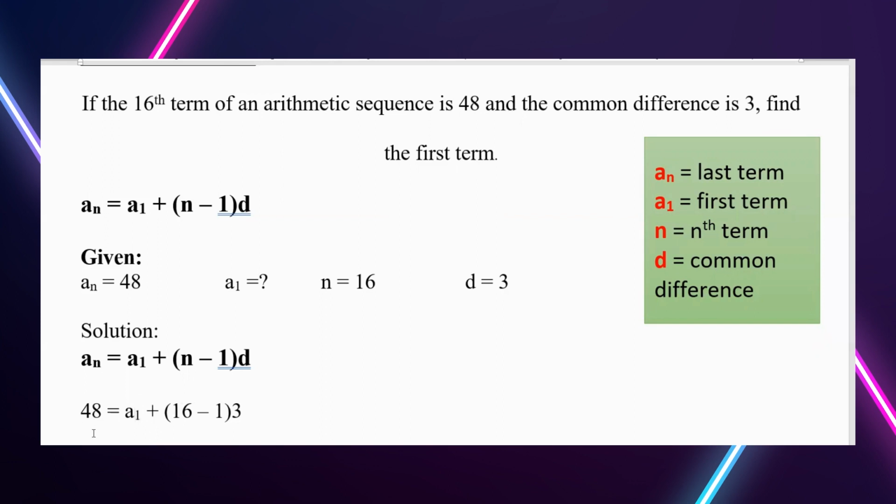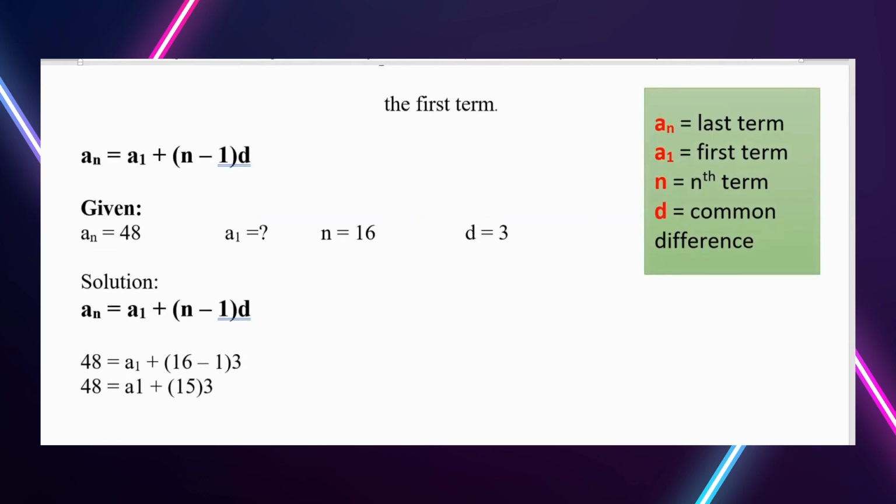Let us continue. 48 is equal to a sub 1 plus 16 minus 1 is 15 times 3. Next, we have 48 is equal to a sub 1 plus the product of 15 and 3, which is 45.